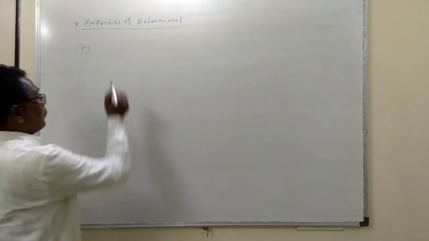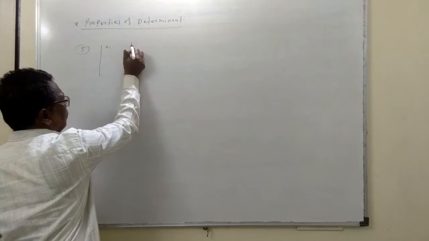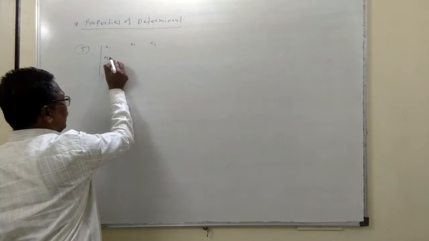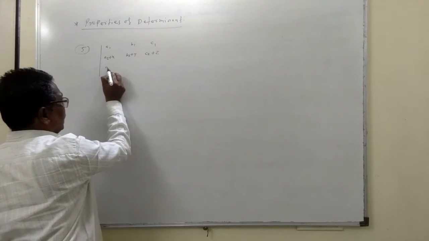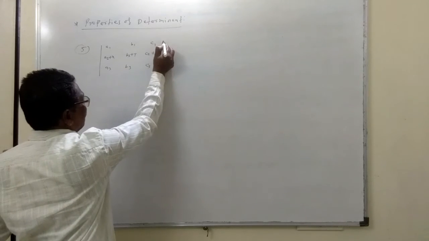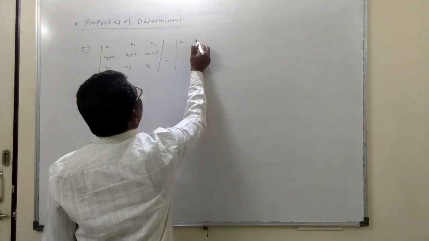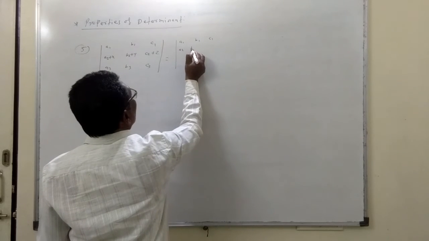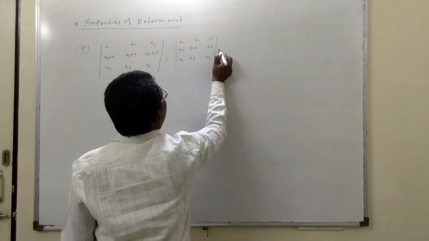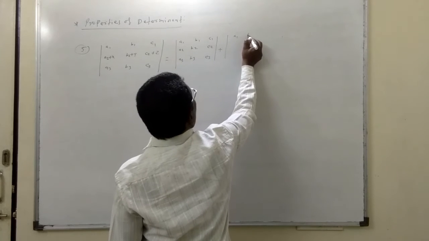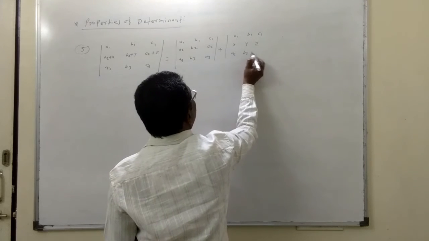Now next, the fifth property. So if the determinant is like this, A1, B1, C1, A2 plus X, B2 plus Y, C2 plus Z, A3, B3, C3, we can write that is equal to determinant A1, B1, C1, A2, B2, C2, A3, B3, C3 plus determinant A1, B1, C1, X, Y, Z, A3, B3, C3.